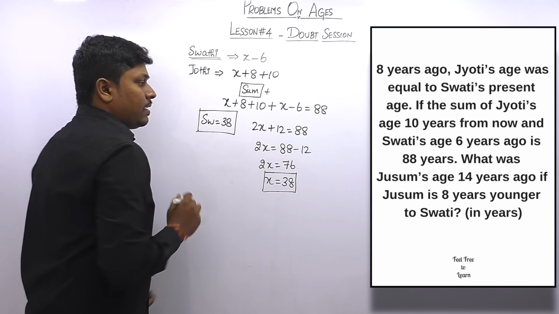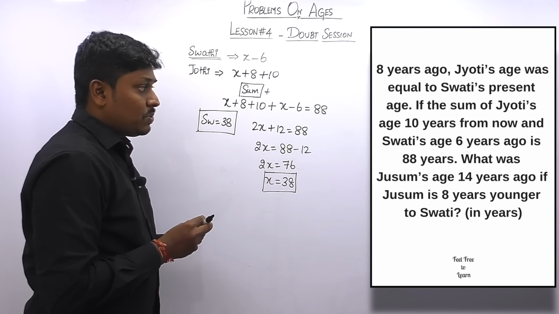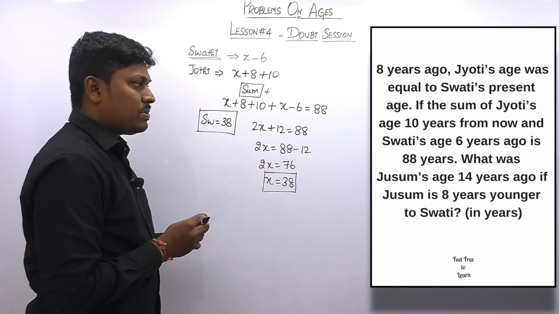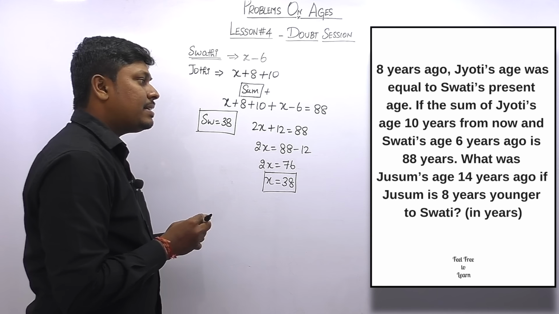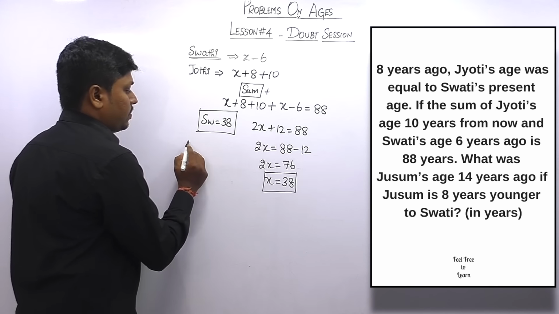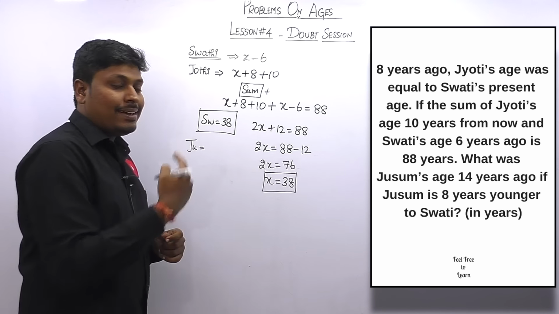Okay. And next point, they are talking about a new person, that is Jusum. Jusum's age 14 years ago, if Jusum is 8 years younger than Swati. So listen carefully, Jusum is 8 years younger than Swati, right?